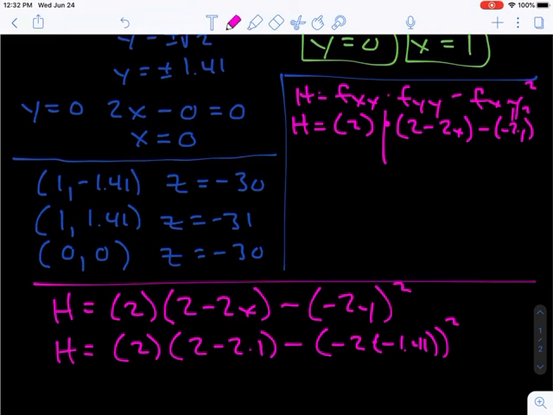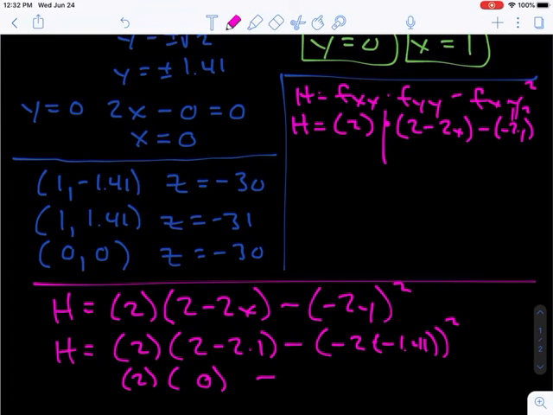Well, this gives me 2 times 2 minus 2, which is 0, minus a negative 2 times a negative 1.41, which is a positive number.